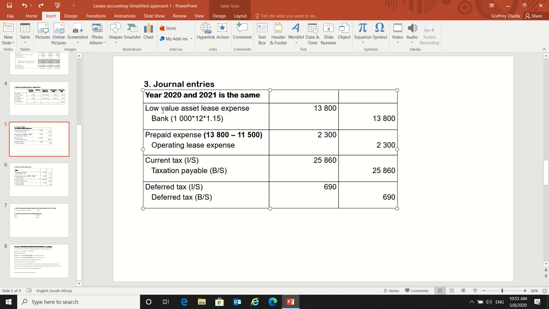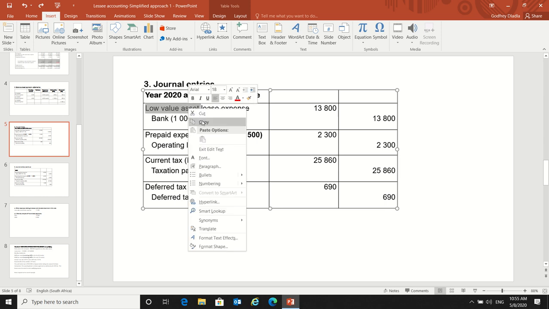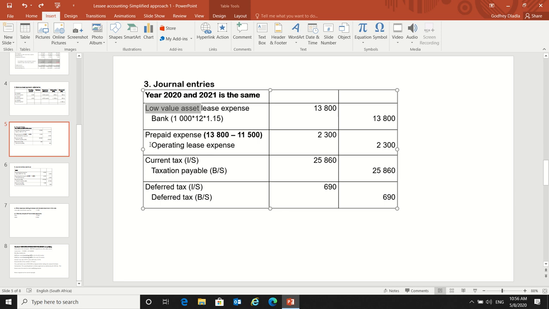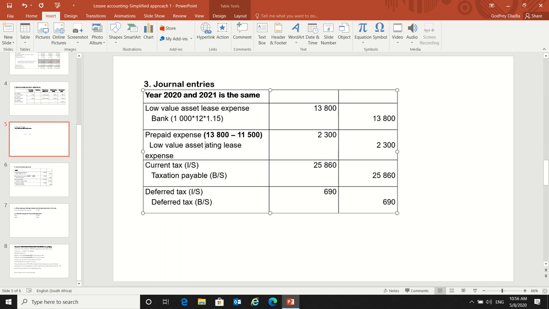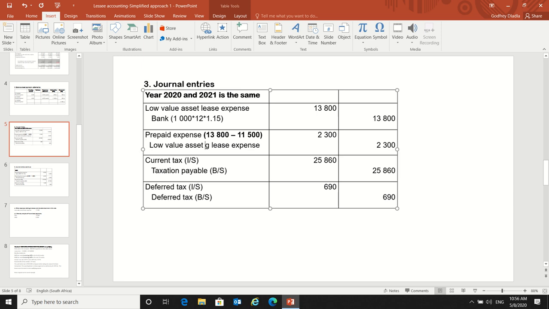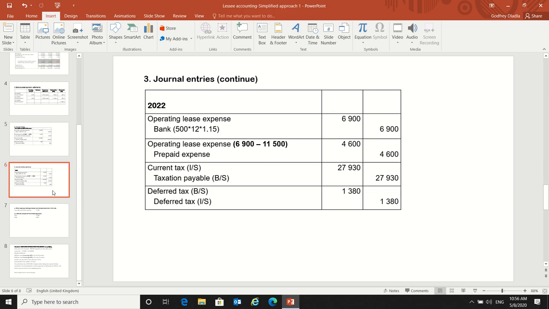They will describe it like that, meaning it's an expansion of exactly what you are saying here. Let's just put it like this: low value asset lease expense, so we can try to be uniform to other people like this.